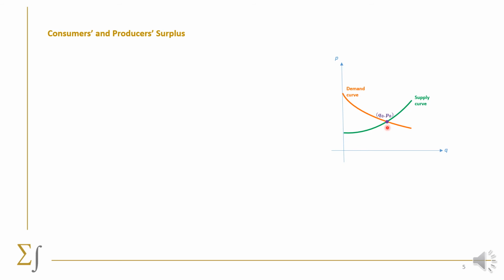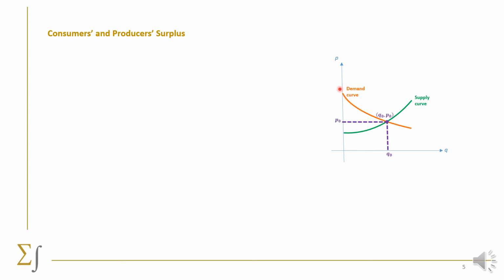The coordinates of this point are Q naught and P naught. And here we say precisely at this point, consumers will buy at the price P naught the quantity Q naught of product that producers wish to sell at the same price P naught. So this is the Q naught and this is the P naught.